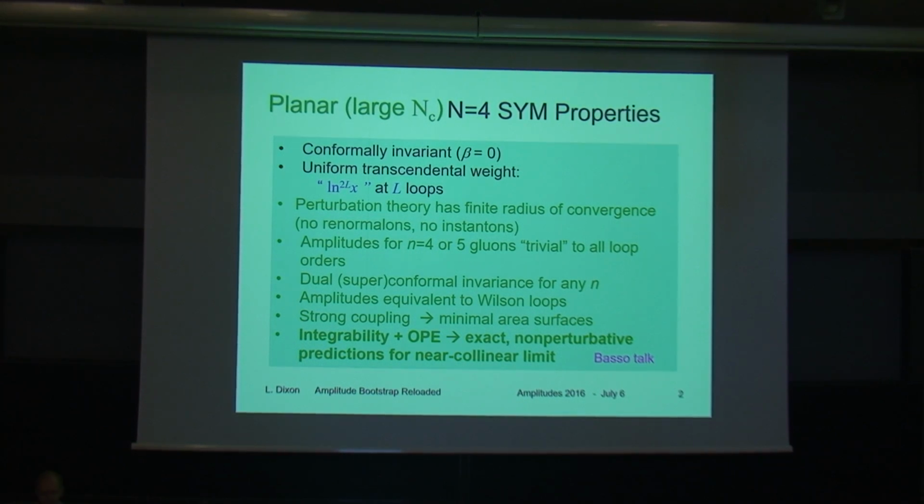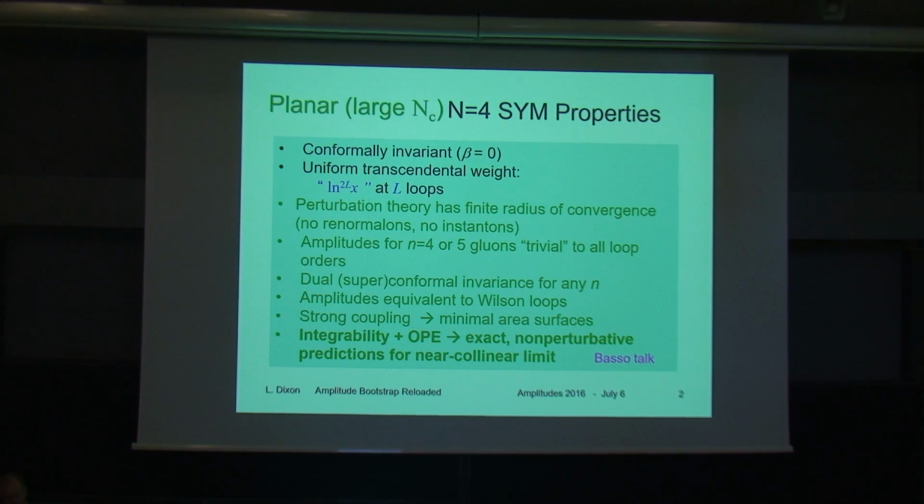One can be renormalons, terms that go like the beta function coefficients to the n times n factorial. Since we have a conformally invariant theory, those terms are absent. Also, even in conformal theories like N=4 super-Yang-Mills at finite N_c, we have instanton contributions, and those also tend to lead to a zero radius of convergence of the perturbative series. But at large N, we don't have those, and the perturbation theory has a finite radius of convergence.